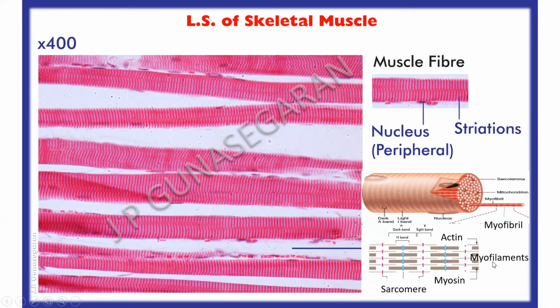The myofilaments are of 2 types, namely thick myosin and thin actin filaments. The lateral ends of these filaments interdigitate with one another. The I band is traversed by a Z line and the distance between the 2 Z lines is known as a sarcomere.